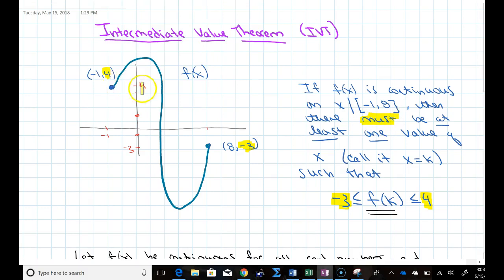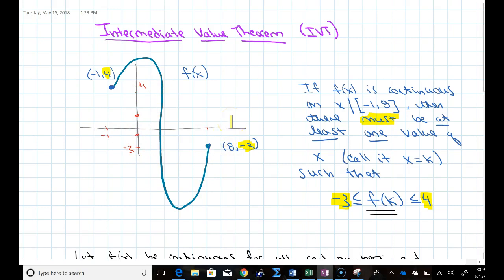Certainly there could be a y value outside of the range of these y values, but the must is the operative word. What absolutely must be the case, if f of x is continuous, is that the y values -3 and 4 occur at least at one x value between -1 and 8. Okay? That's all the IVT says.